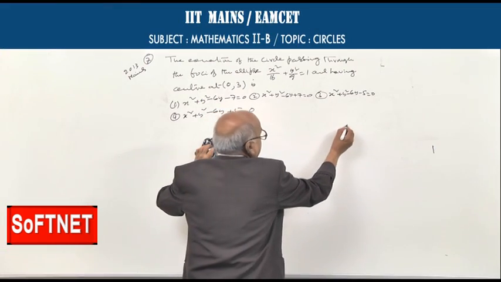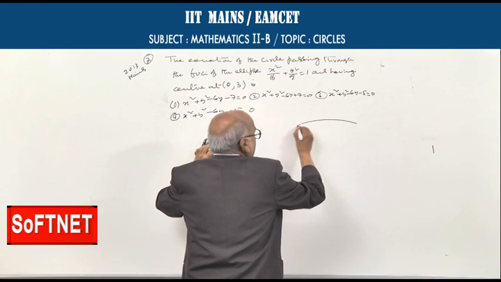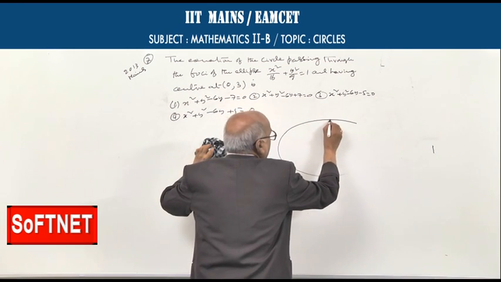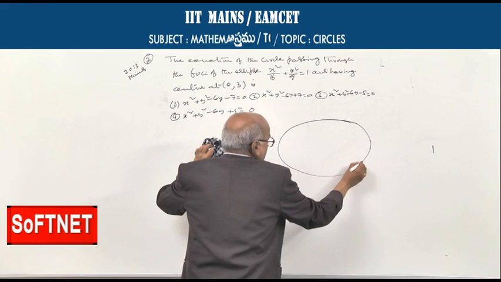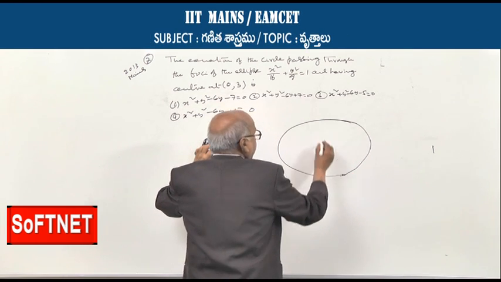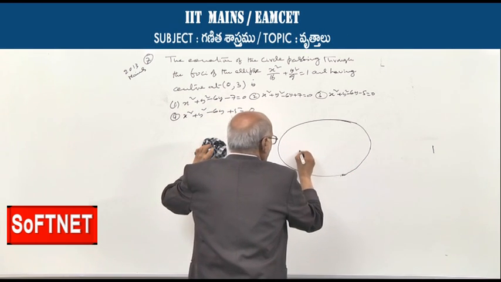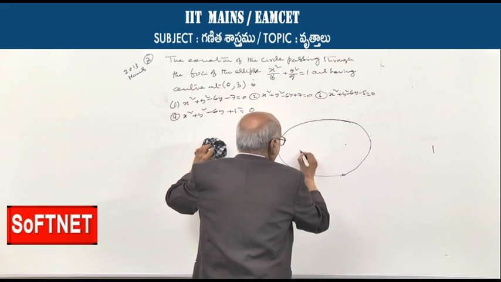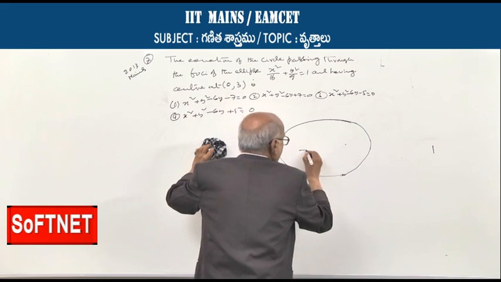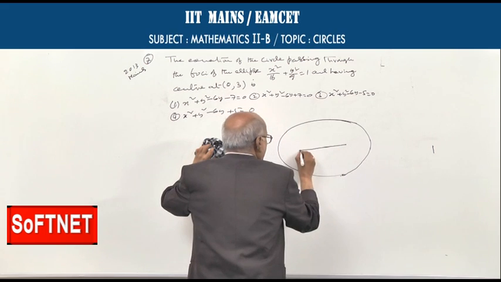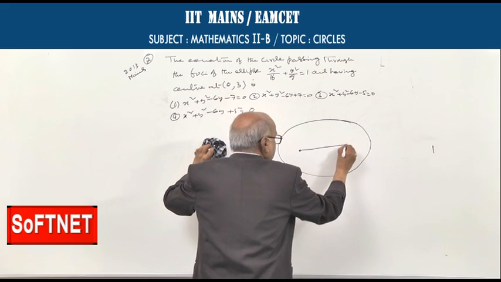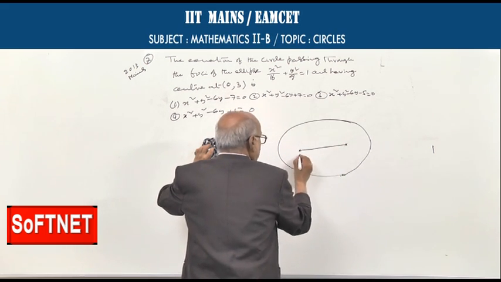Now, what you are given is an ellipse and the two foci. Of course, you might have finished your geometry portion completely by this time.